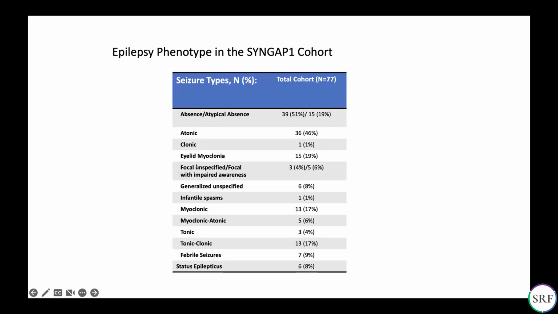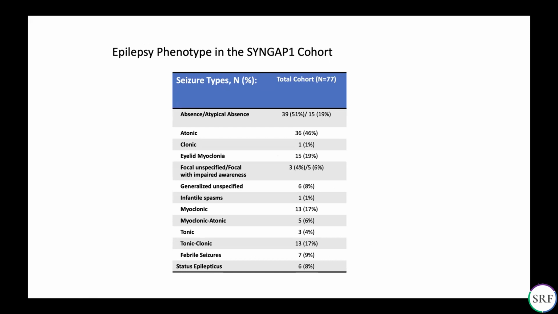And the descriptions of the epilepsy phenotype in the SYNGAP1 cohort within CITIZEN are also in keeping with what has been described before. Here I share from a smaller, earlier cohort from the CITIZEN data, but we see primarily absence or atypical absence seizures, then followed by atonic seizures and eyelid myoclonia.